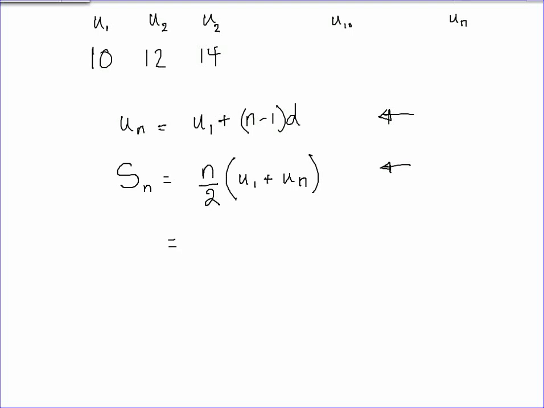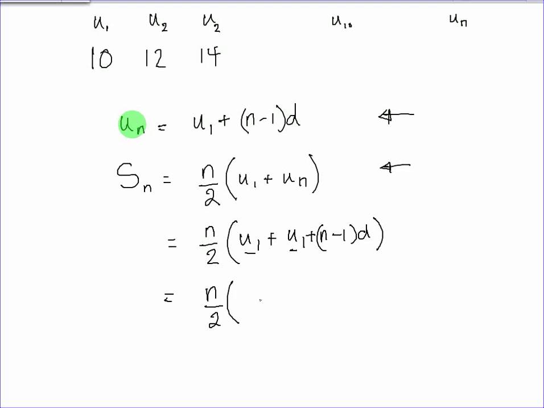I can have an alternative version for this. You'll notice that you have a Un and a formula for it, and there's a Un here. And what I can do is replace the Un in this formula. So if I want an alternative, I can take the formula here, U1 plus n minus 1 differences, and I can get a formula without Un in. So what have I got?